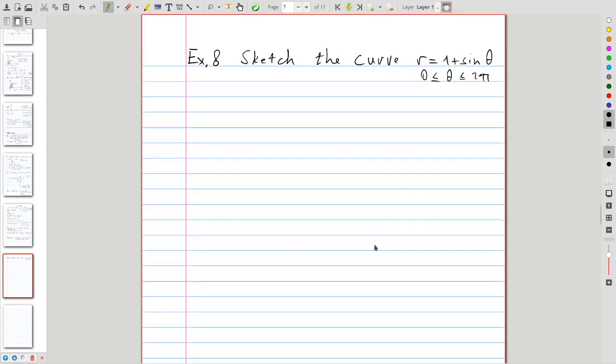And so to sketch this curve, I will first need to draw the auxiliary graph of the dependence of r on theta.